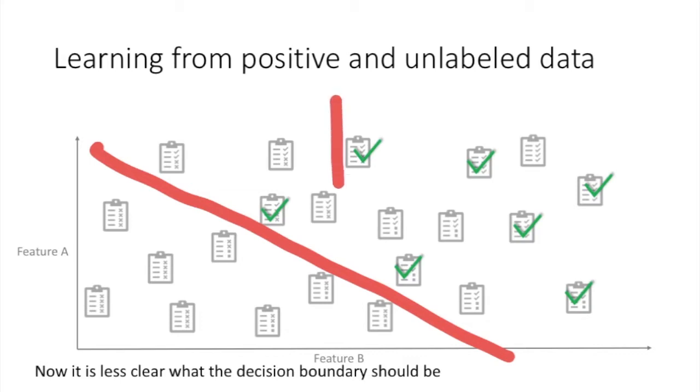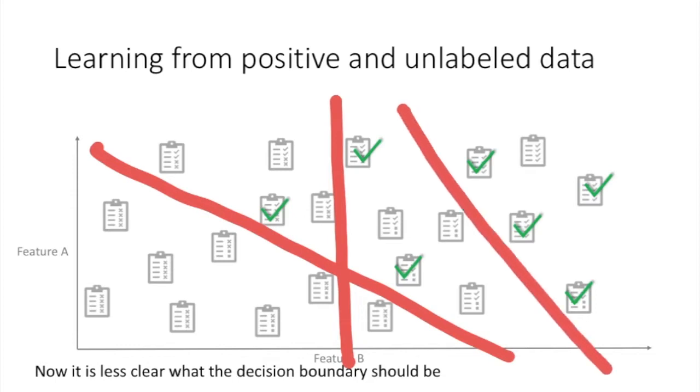So let's split on feature B. And then we have almost all of the examples on the right side of this boundary. Or we could go even more conservative and just say, okay, here there's a clear cluster, so let's just take those as positive and predict everything else as negative, just because we don't know. So this is the challenge of learning from positive and unlabeled data: still finding the decision boundary even though we have much fewer labels and only from one class.